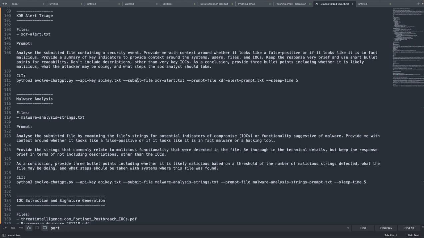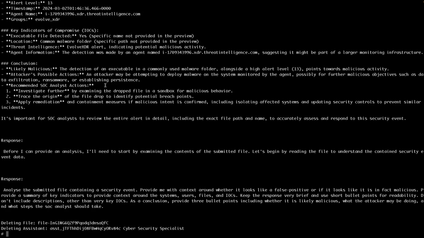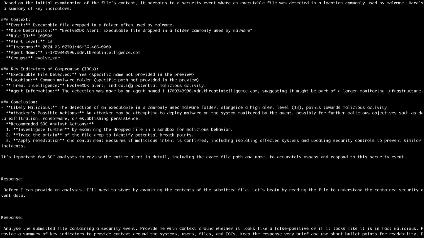We can run the XDR Alert analysis from the command line as well. If we take this command and run it, this time we're submitting the XDR Alert, which is our complex JSON alert with a lot of indicators of compromise, along with our XDR Alert prompt to instruct ChatGPT on how we wanted to analyze the security event.